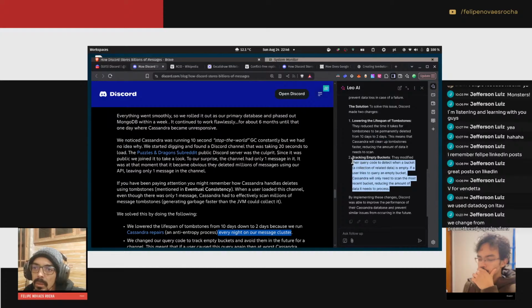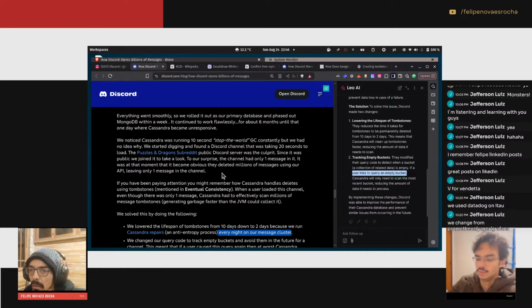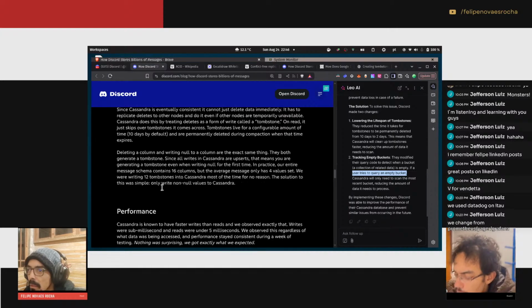This one resolves it because they're gonna ignore the empty buckets. By the way, they should have done that in the first place. Why keep querying a bucket that's empty?